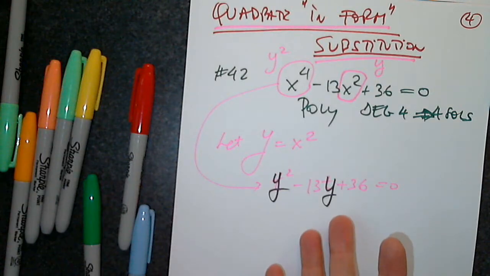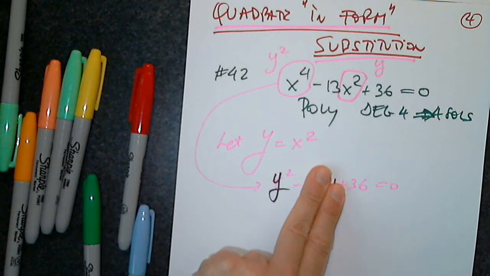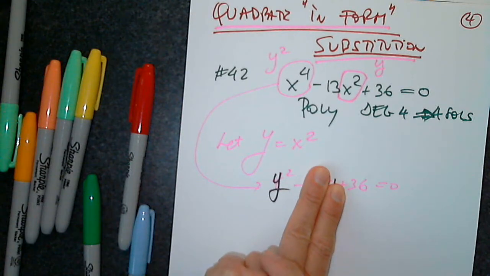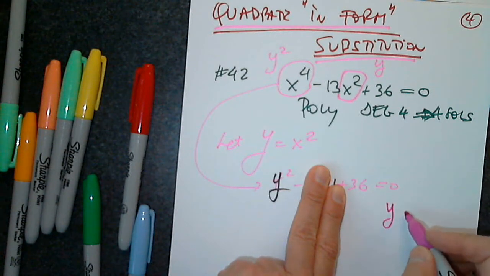So this I know how to factor. It's in descending order. It's a trinomial. Greatest common factor? No. Negative leading coefficient? No. Special product? Can anyone give us the special product? It cannot be plus.